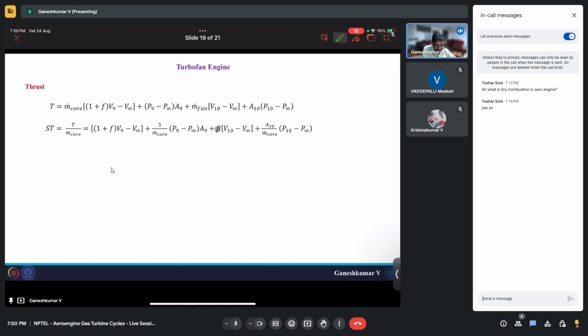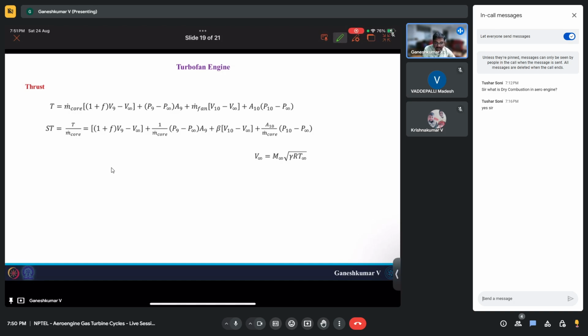And you also have m dot fan by m dot core, which has been replaced by beta. That is your bypass ratio. So for now, since we don't know the absolute mass flow rate, let's just assume that these pressure thrusts are not contributing, and we'll go forward and find out only the momentum specific thrust. You can say in that way, it's just the contribution from the momentum thrust.